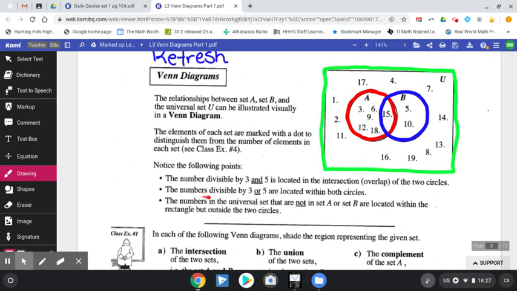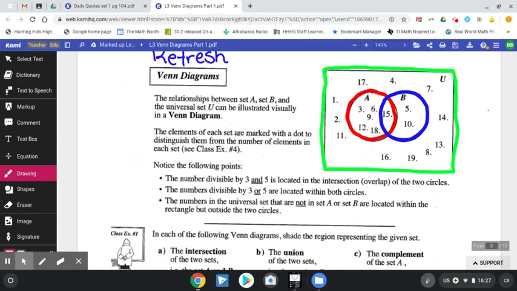The numbers divisible by 3 or 5 are located within both circles. So remember that or means add. We're adding both of these sets together. And so when we're looking at A or B, it'd be every single number that is in both circles, putting both circles together.